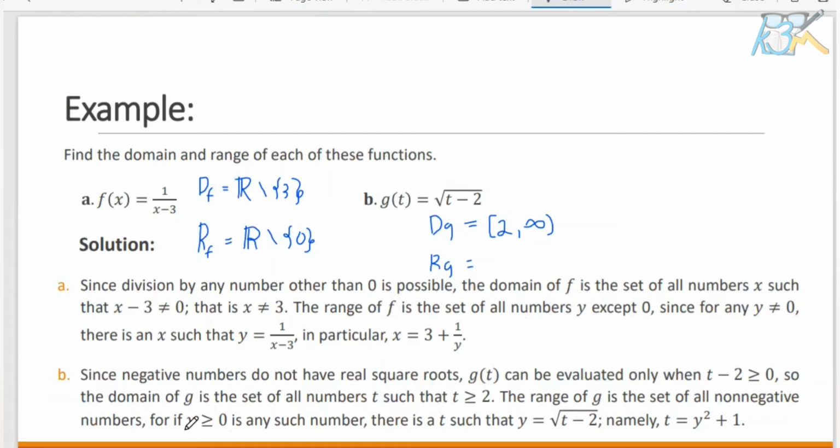For if y is any non-negative number, there is a t such that y is equal to the square root of t minus 2, namely t is equal to y squared plus 2. So our range here is the non-negative numbers.